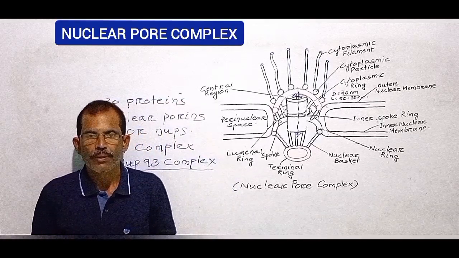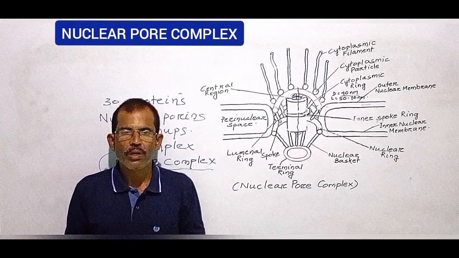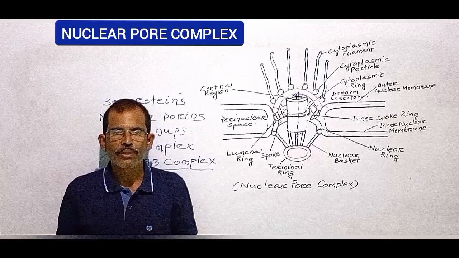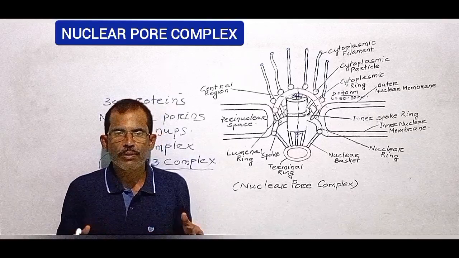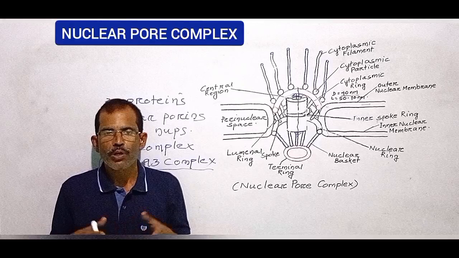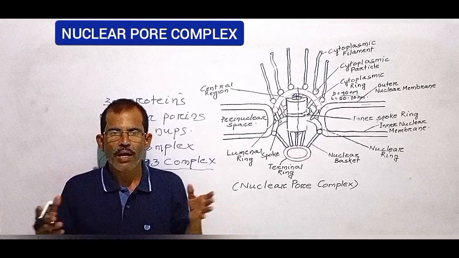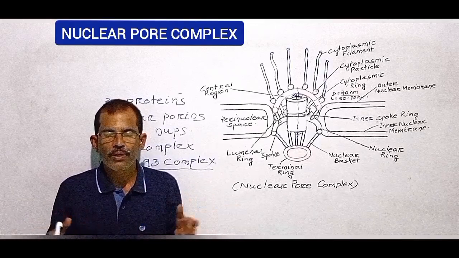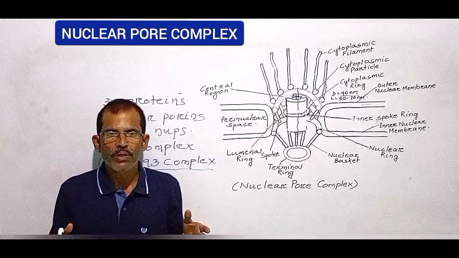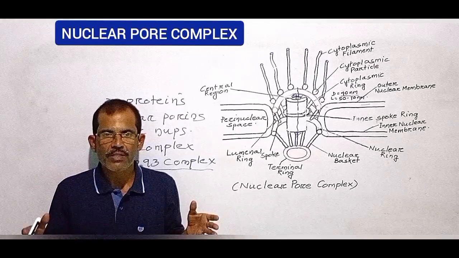Next, function. The principal function of NPCs is to facilitate selective membrane transport of molecules across the nuclear envelope. The pore complexes serve as a highly regulated gateway for the transport of molecules between the nucleus and the cytoplasm.